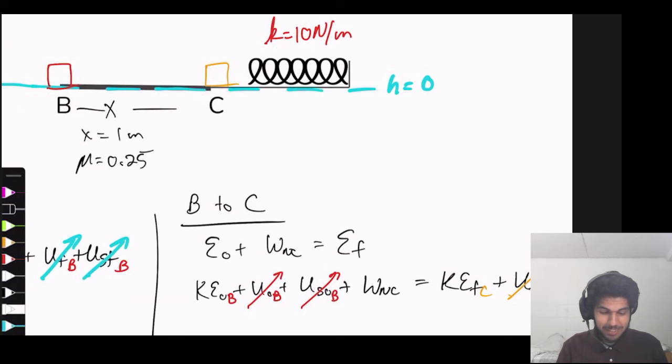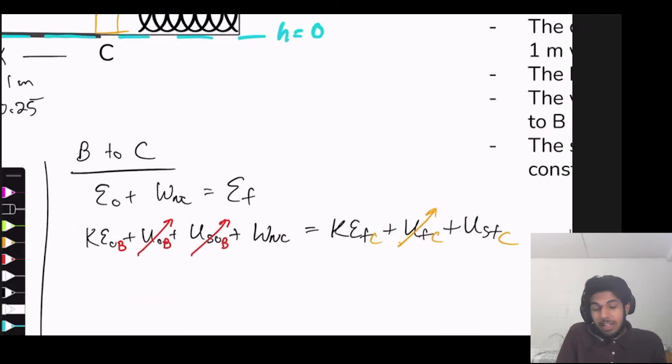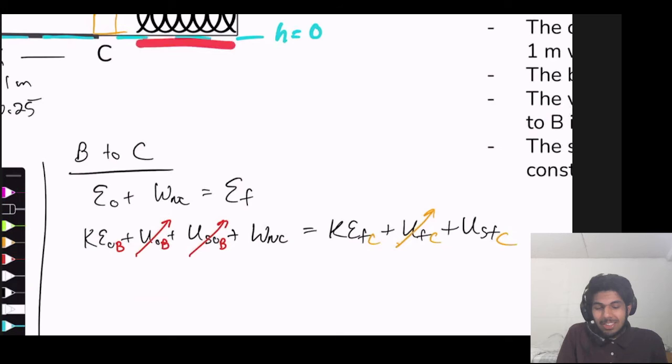So even though it may seem like there's a spring involved at C, no, we're just considering the moment it reaches there. So there's no contact with the spring, really. And even if there was, the spring starts in equilibrium position, so that x value would be equal to 0, so this goes to 0 as well.